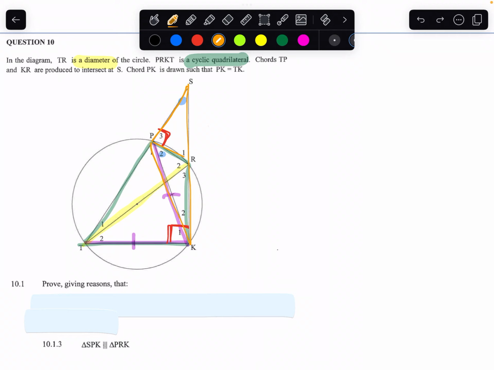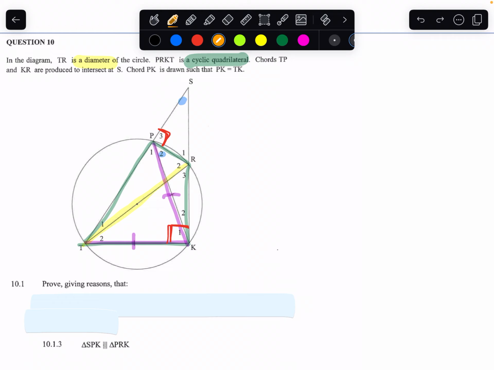Because we don't have any information about the lengths of their sides, that hints to me that we are going to work with angles. If we can show that they are equiangular, so they have the same set of angles, then we've shown that they are similar.